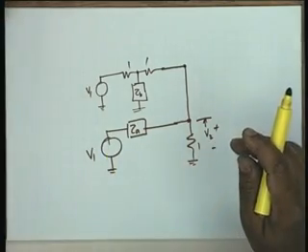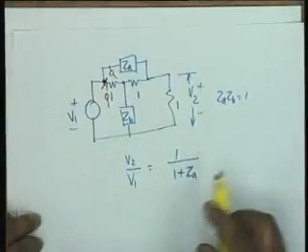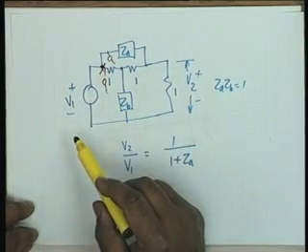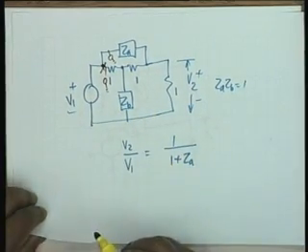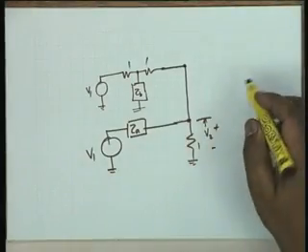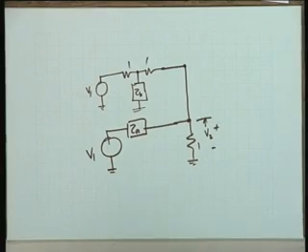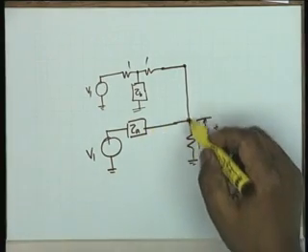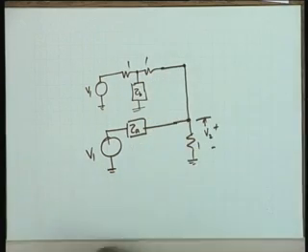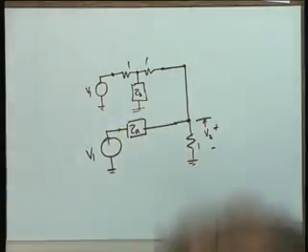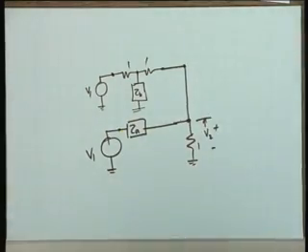There is one source V1, ZA in series, then 1 ohm shunt, 1 ohm series, ZB shunt, 1 ohm series. That's what I did, exactly the same thing. But I have to make sure that the potential of these two points are the same. That's all that I require, right?